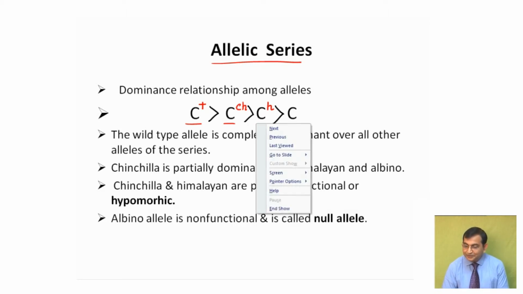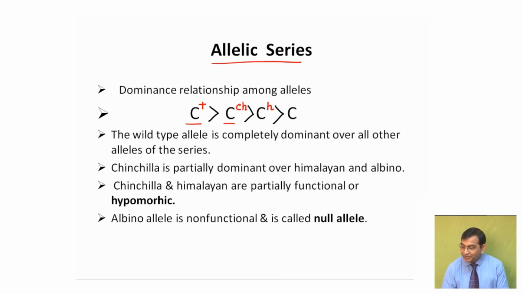Chinchilla, that is cch, is partially dominant over Himalayan and albino. Chinchilla and Himalayan are partially functional or hypomorphic. Now, the albino allele c is non-functional. It is also termed as null allele.